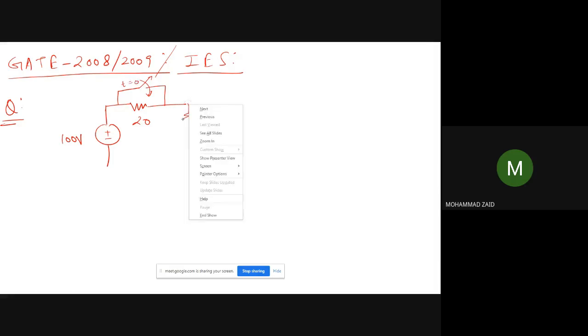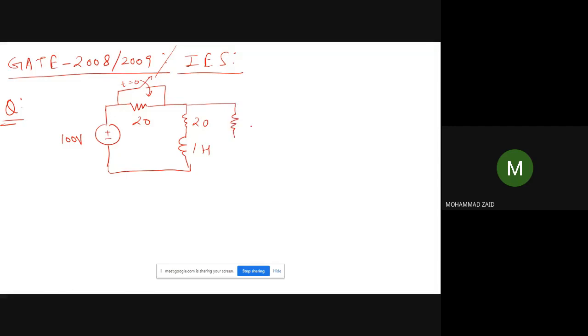Now the question is, for the circuit shown here, for example, if this is 100 volt and this is 20 ohm, this is 20 ohm, and there is a switch which is connected here also, and that switch was closed at t is equal to 0, and there is a 20 ohm resistance, and there is an inductance of 1 Henry.